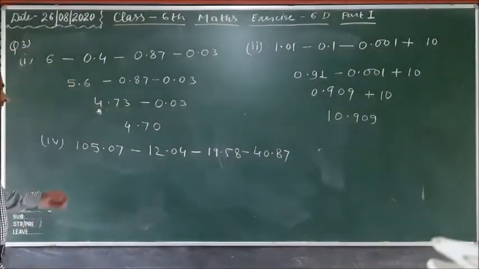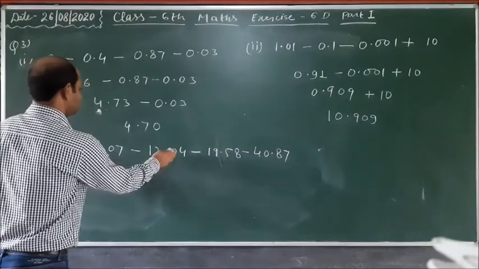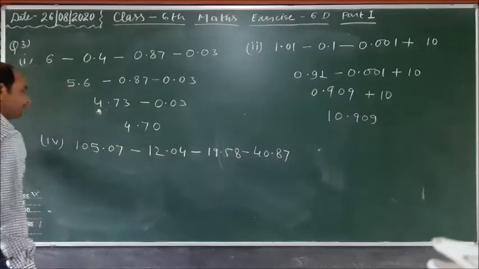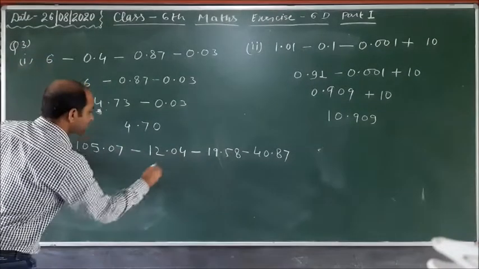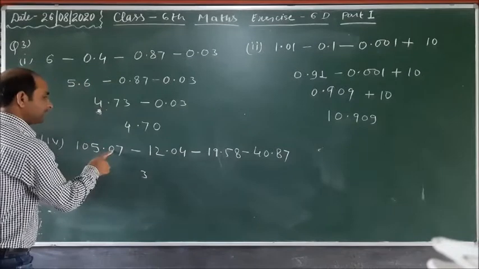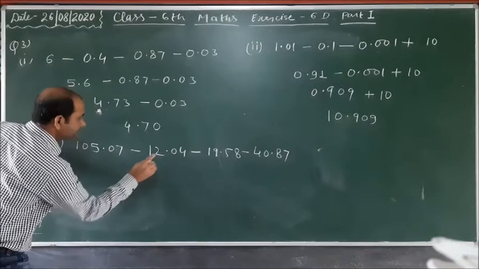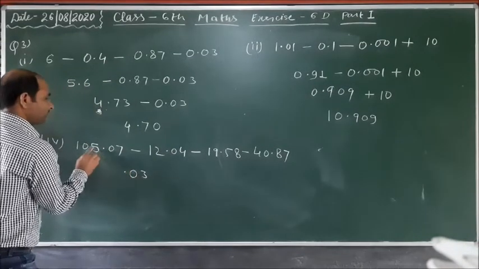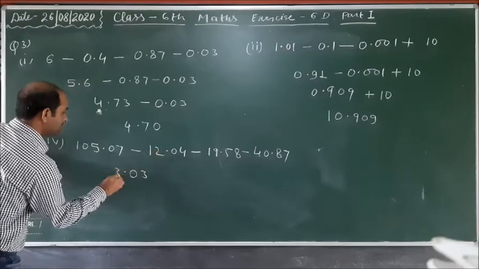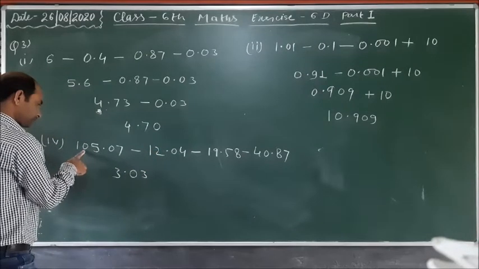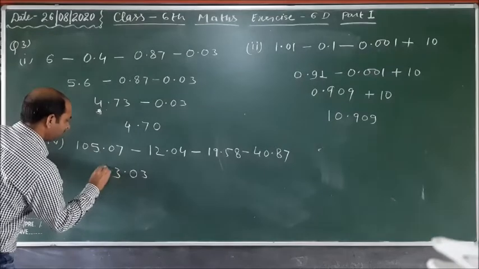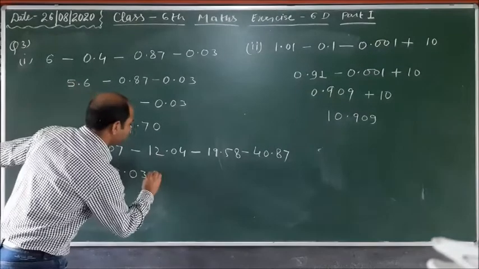So dear children, first we subtract this number from this number. So 7 minus 4 equals 3 and 0 minus 0 equals 0, decimal. Now 5 minus 2 equals 3, and here 10 minus 1 equals 9. Equal your number.